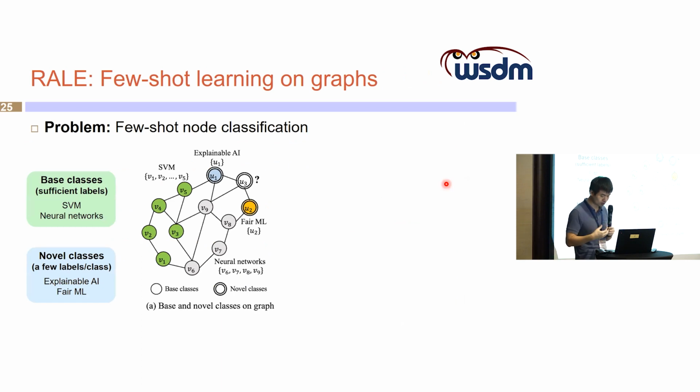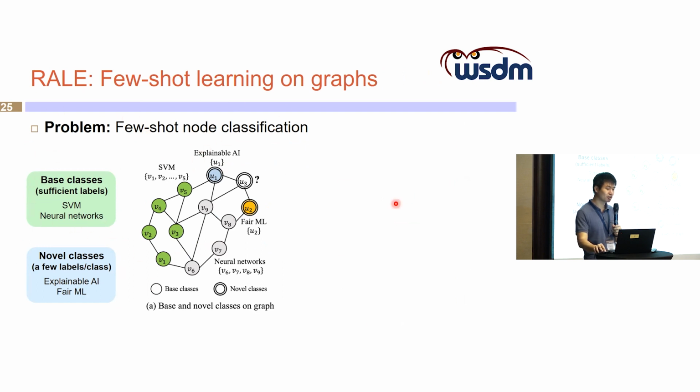So that's for semi-supervised learning. And I think more recently there's this paradigm called few-shot learning. Basically, in few-shot learning, you only have a few examples for each class. So one way is we have some base classes.